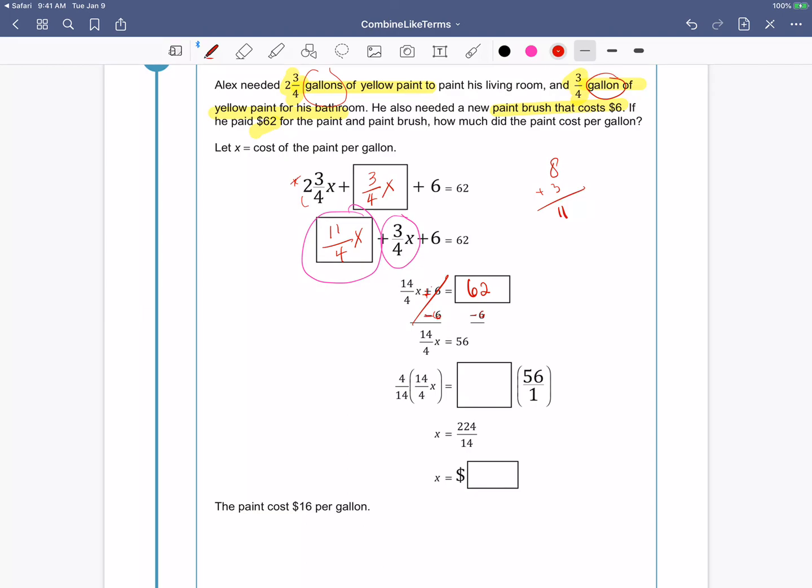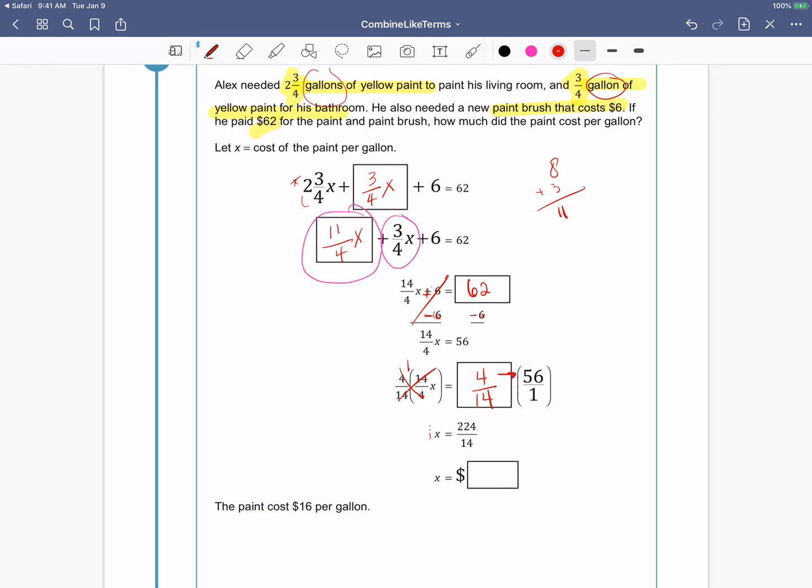So notice that even though the number doesn't have a 1 at the bottom, it's still the same thing. You're still going to do 14 over 4. You're going to flip it and multiply it to both sides. Remember, what you do to one side, you do to the other always. Okay? So now this is going to equal 1. Remember, my 1 is invisible. I don't have to write it.